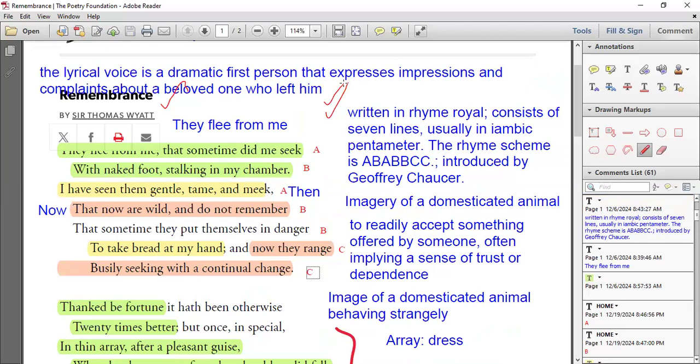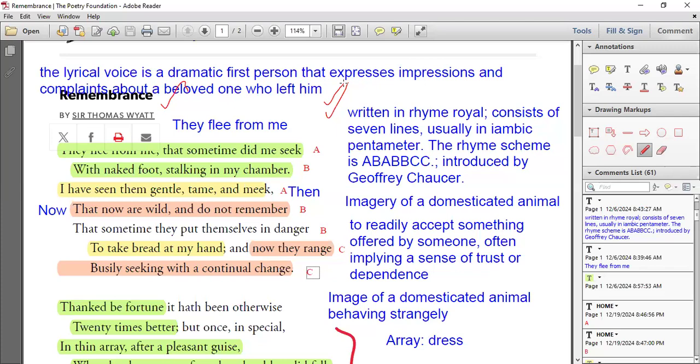Why is this stanza format called rhyme royal? It was introduced by Geoffrey Chaucer, but the name was not given by Geoffrey Chaucer. The name for this stanza came from King James of Scotland, a great admirer of Geoffrey Chaucer, a king who was a patron of poetry.